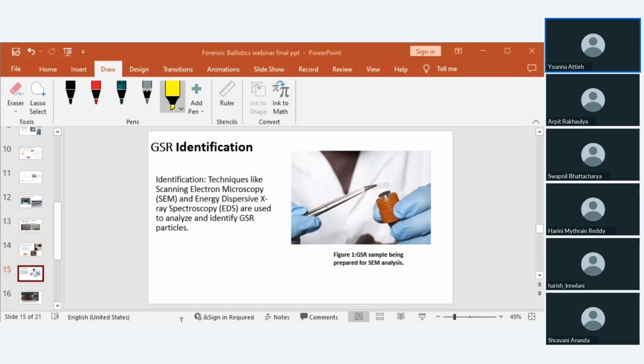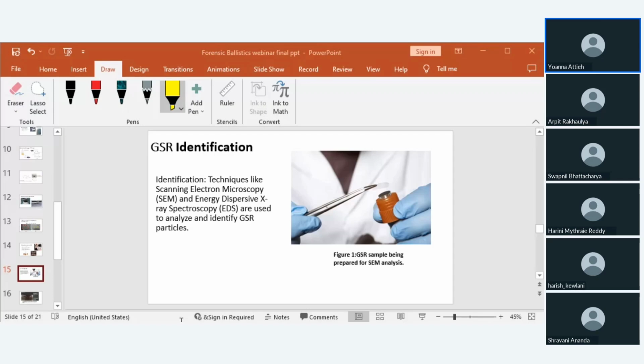So when paired with EDS, SEM provides a comprehensive solution for both visual and compositional analysis, which offers a clear and unambiguous identification of GSR particles from the trace samples.